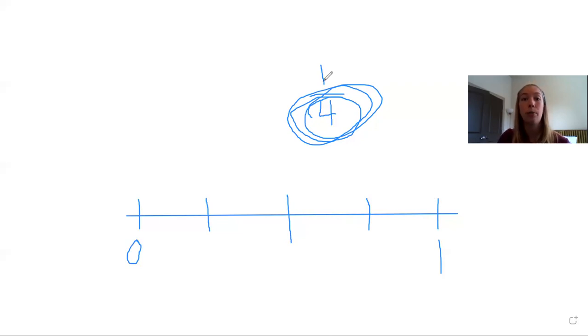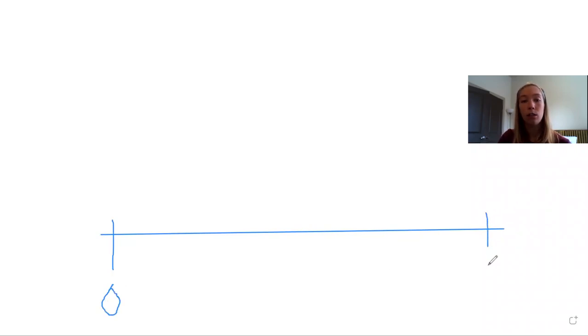Let's do one more together. Let's draw a number line. Our number line's a little slanted. We're going between 0 and 1.